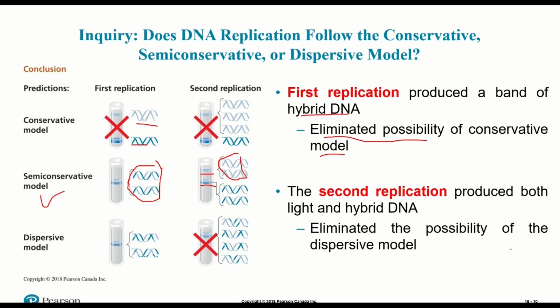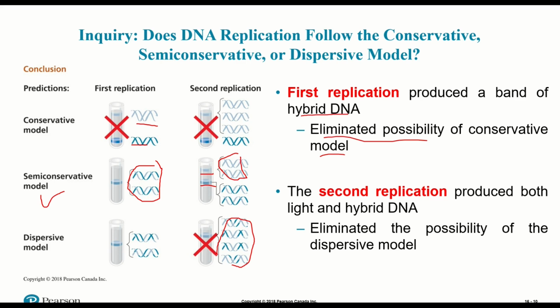And this eliminates the possibility of a dispersive model, because although the dispersive model at the beginning looks a little bit similar to the semi-conservative, it would keep producing more and more molecules that look like hybrid, and this is not what you see in the experiments.